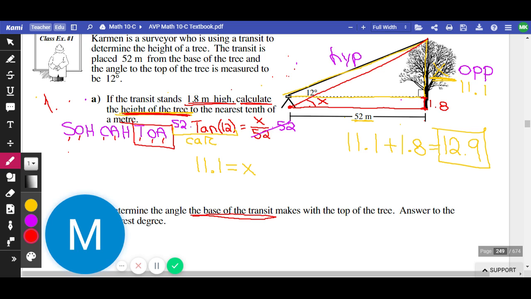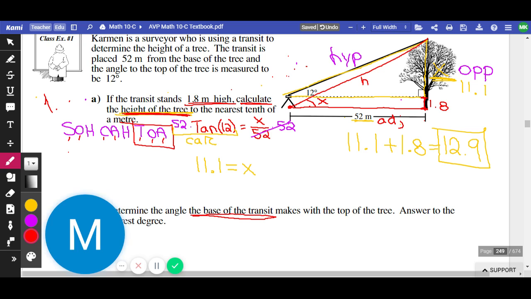Awesome. To use Sohcahtoa, you need to label your sides. Opposite is across from the angle we're looking for. Adjacent is down here. It's the 52. And my hypotenuse is this new line that I drew across. Fantastic. The opposite side is the side of the tree from top to bottom.